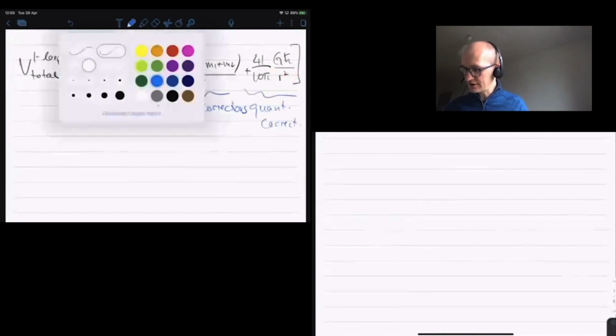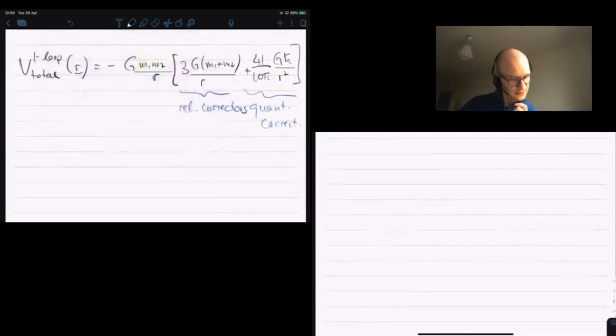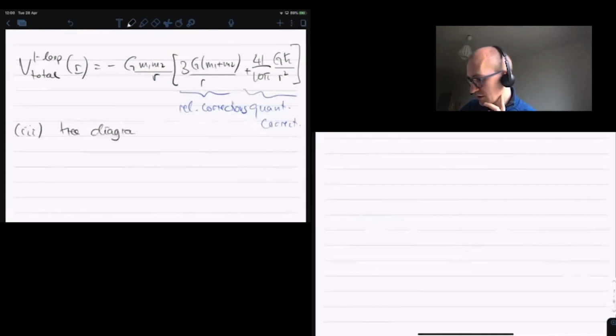So let me just say the last remark is that 3 diagrams from R squared interactions. Okay, those contribute something like, so one might draw it like this.